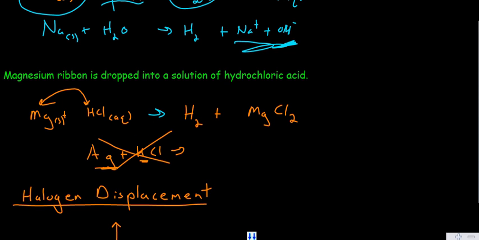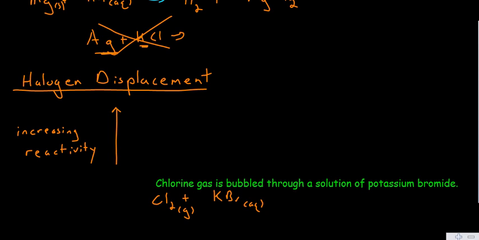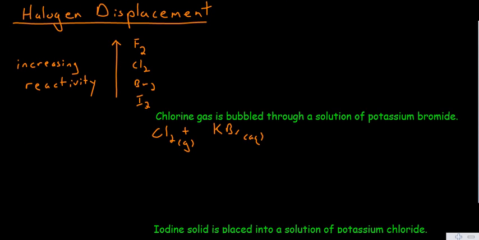Try halogen displacement. The most reactive halogen is the one highest up in the periodic table, fluorine. Then chlorine, bromine, and iodine. Test this problem. Chlorine gas, can it react with potassium bromide as it's bubbled through solution? Can chlorine replace bromide and form bromine?